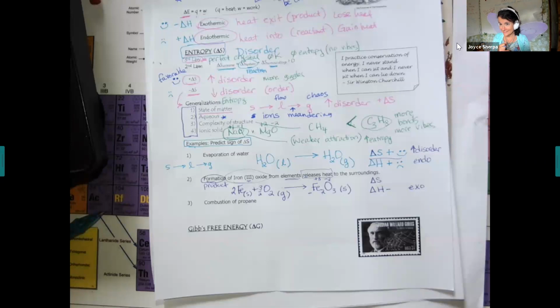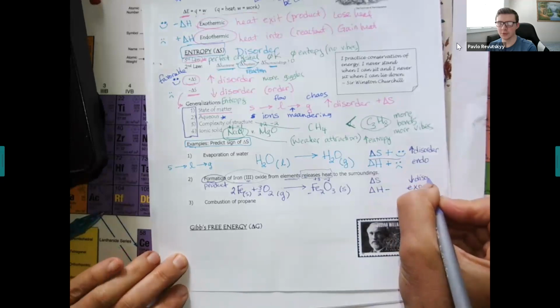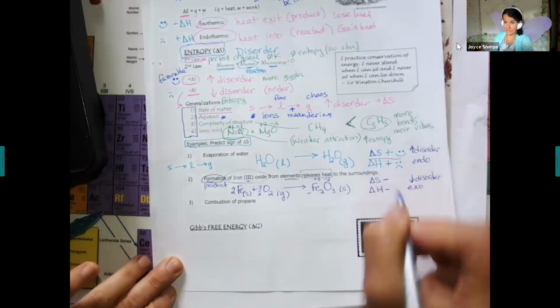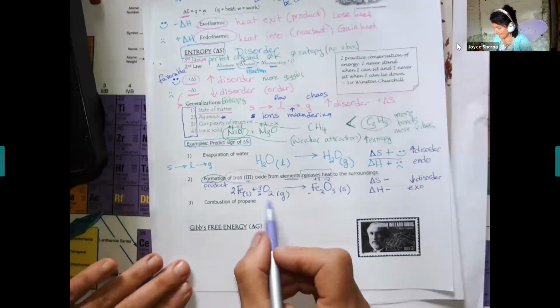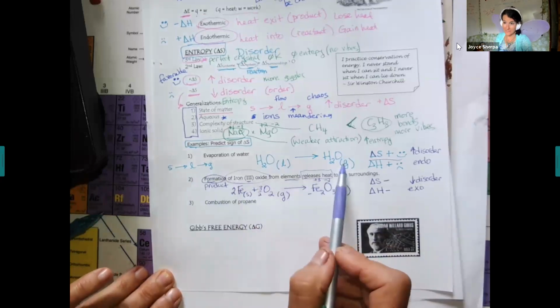So delta S. More or less disorder? Less? Yes. Why? Because we're taking the O from gas, which is the most disorder, down to a solid. So this would be a negative because it's less disorder. We're going from a gas to a solid. So again, solid, liquid, gas, that's what they want to move towards.